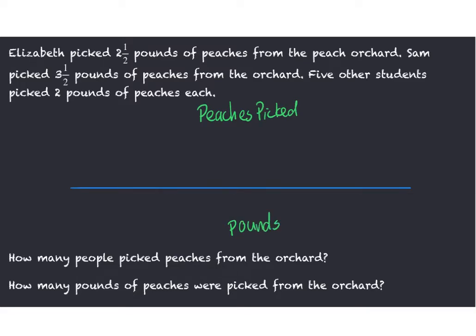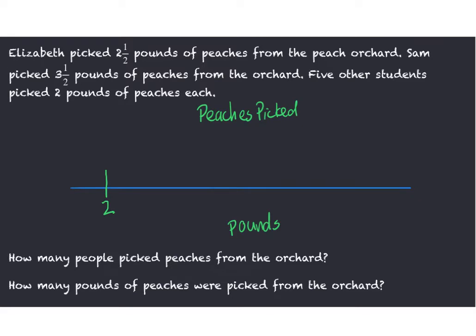And then I need to think about what information I need to put on this line right here. This is a number line. So I need to think about what needs to be the lower value on my number line and what needs to be the upper value. As I look at the data I have here, the smallest piece of data is 2 pounds, and the largest is 3.5 pounds. So I'm going to start over here, and I'm going to have my first mark at 2.